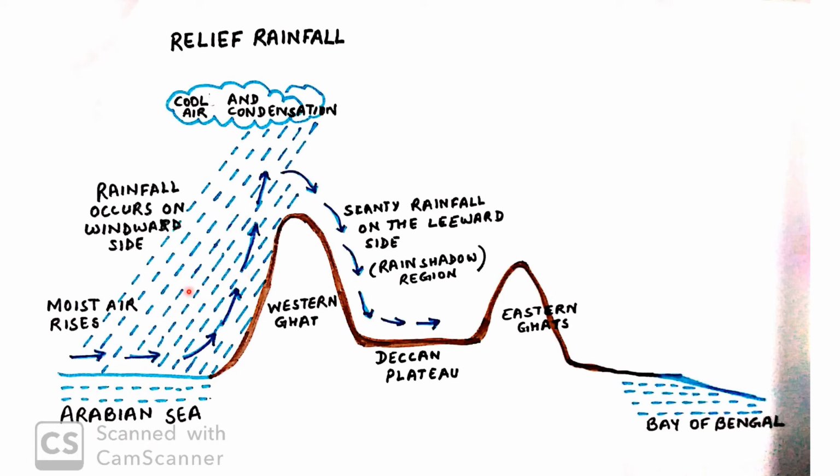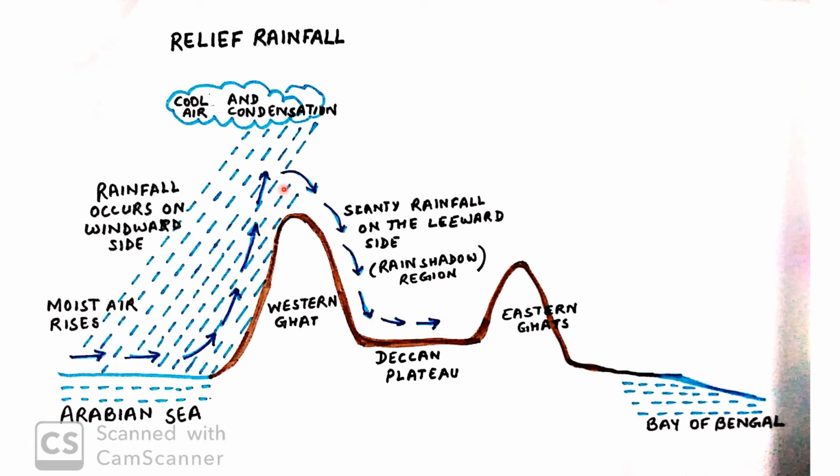So the windward side of the Western Ghats receives the heaviest rainfall in India, other than Mawsynram and Cherrapunji. This is perhaps the second area in India which receives very heavy rainfall. So the entire Konkan, Kanara, and Malabar coast receives very heavy rainfall.